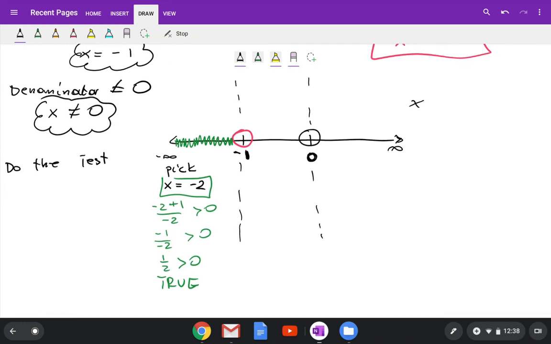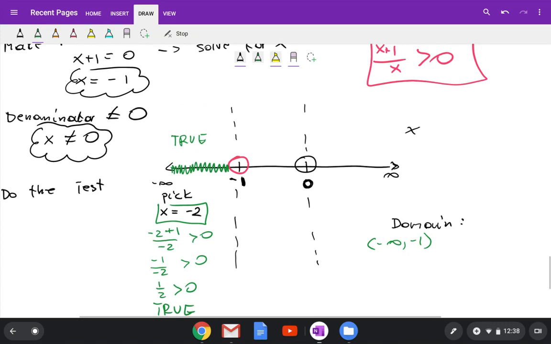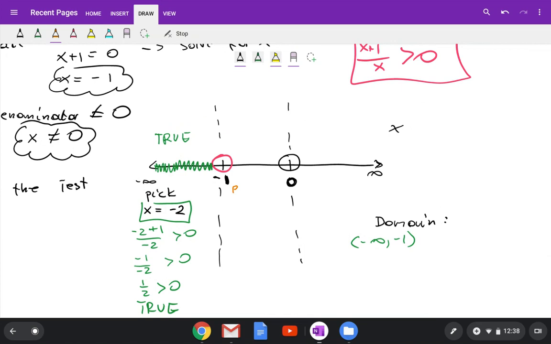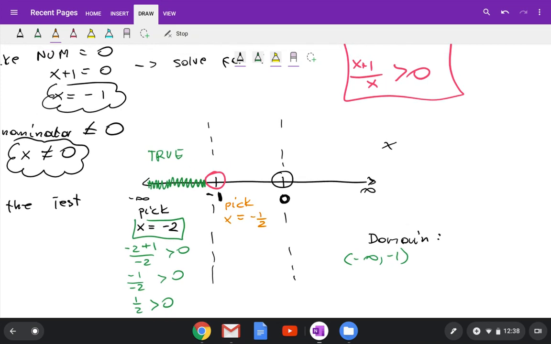Okay, so I'm going to start writing down the answer. We got that, that was true right here. So we already have the domain: from -infinity to -1. Next, I'm going to test the second interval from -1 to 0. I'm going to pick x equal -1/2. Let's plug it in.